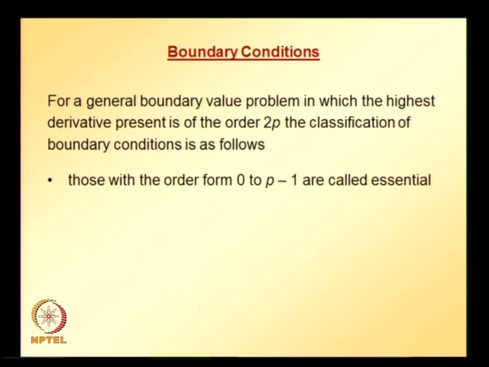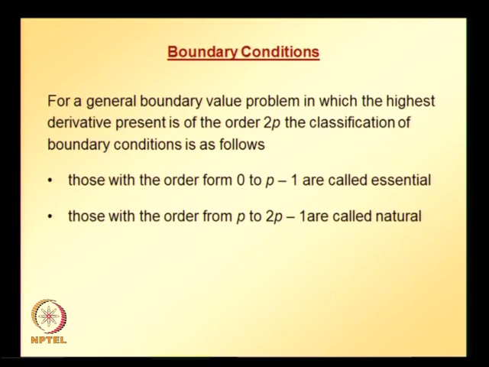Those boundary conditions of order 0 to p minus 1 are called essential. Those boundary conditions of order p to 2p minus 1 are natural boundary conditions. So, this is how, for a general boundary value problem of order 2p, boundary conditions can be classified into essential and natural.